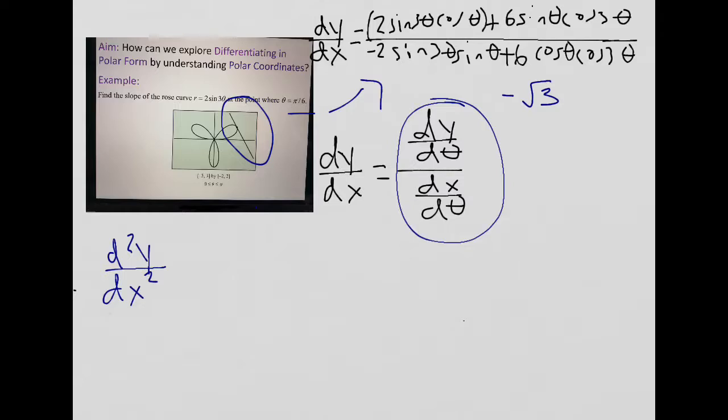So in order to do the second derivative, we need to take the derivative of our dy over dx with respect to x.